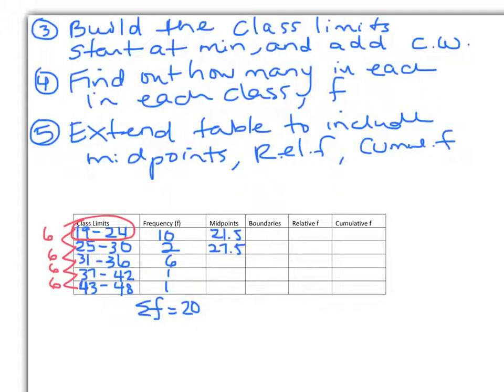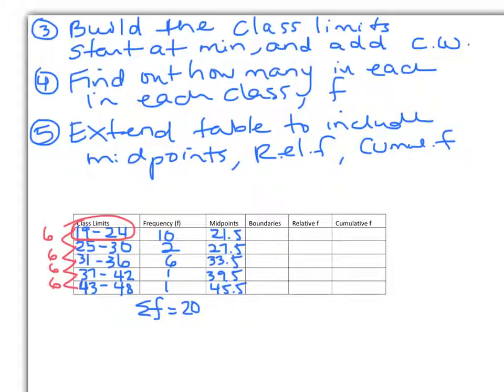So when I average 31 and 36, I get 33.5, and I know that makes sense because that is 6 from 27.5. And then likewise, 39.5 and 45.5. So if I did this right, these should all be 6 apart. That's my class width. So if you end up with some midpoints that are whole and some that are 0.5, there's something wrong with your class limits.